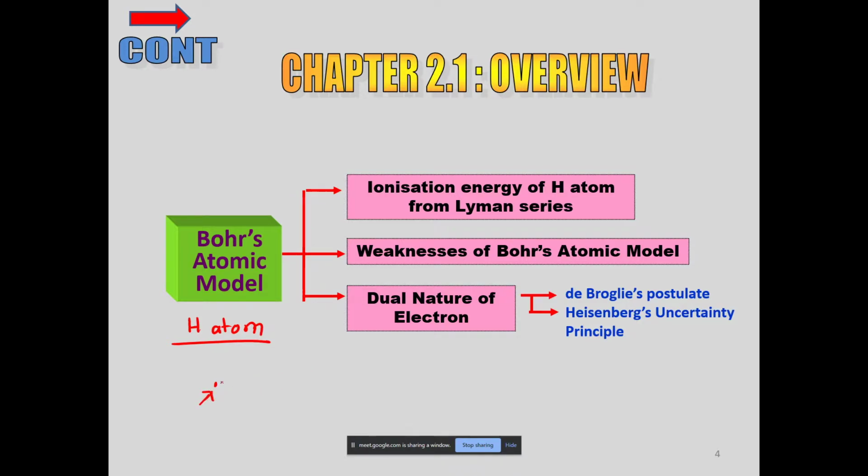Lepas tu dia akan keluar cahaya lepas dia bagi tenaga dekat atom hydrogen ni, and the cahaya tu dia keluar dalam bentuk lines. So dia pun fikirlah, kenapa dia keluar dalam bentuk lines, kenapa tak keluar just satu line saja ke, ataupun the whole colour ke. And nanti kita akan describe lah one of each. So and also kita akan tengok the weakness, because as I said, only for hydrogen atoms.